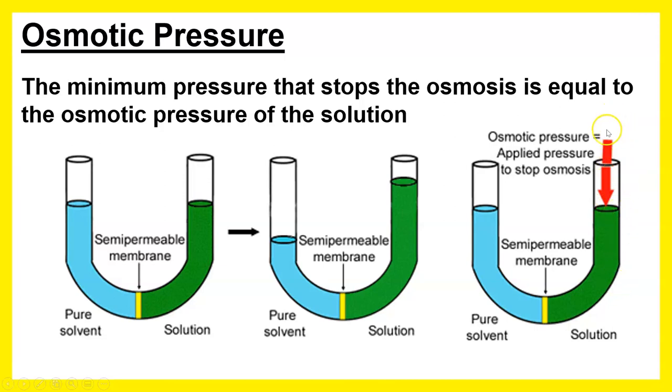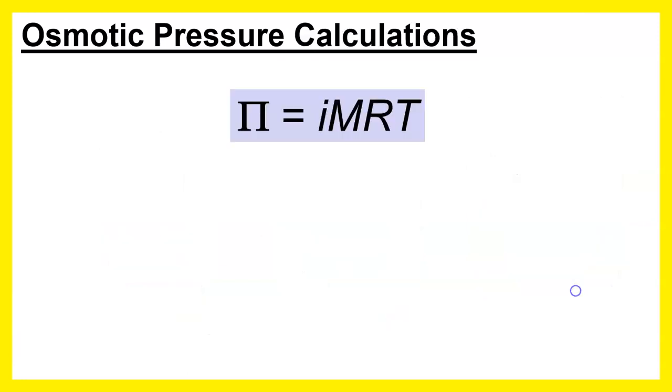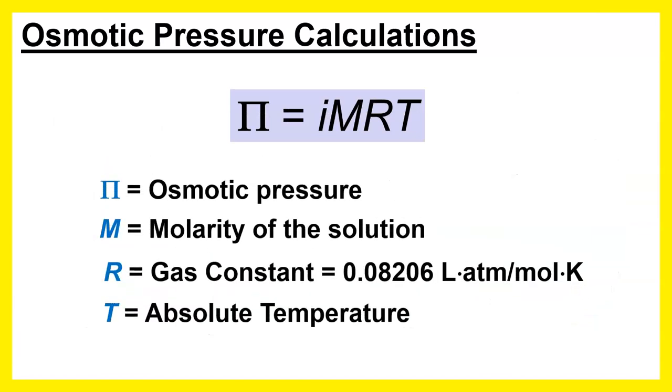The amount of pressure you have to apply to prevent the solvent from coming through that membrane is called the osmotic pressure. And in biology, there are lots of applications of this. We only really care about this because it's one of those colligative properties we're trying to understand.